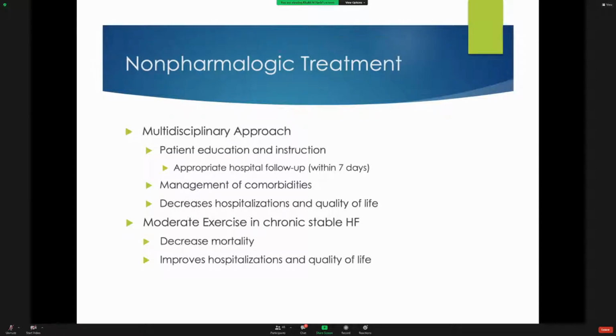We have to manage the comorbidities like diabetes, hypertension, ischemic heart disease, dyslipidemia, or thyroid disease. And all these decrease the hospitalization and improve the quality of life. Moderate exercise in chronic stable heart failure decreases the mortality by 25%, and it improves hospitalization and quality of life.